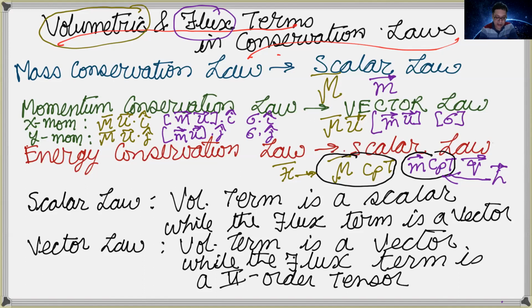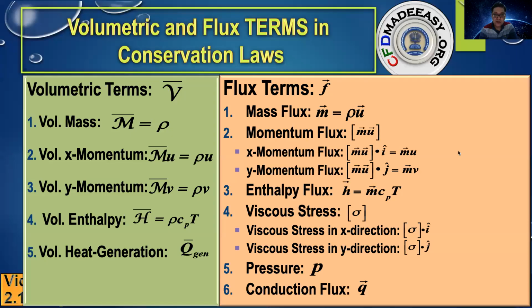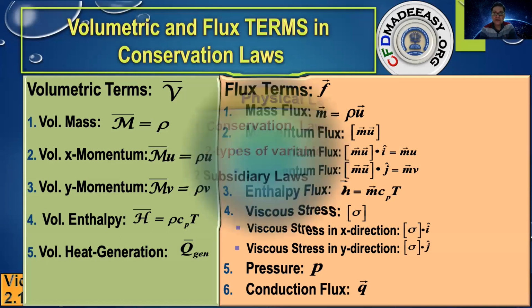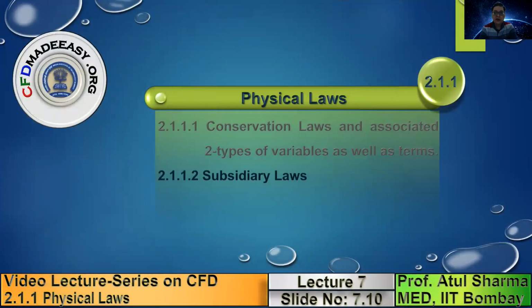Now let us go back to the slide. So that was all about the conservation law and the associated two types of variables, volumetric and flux variables, and two types of terms, volumetric term and flux term.